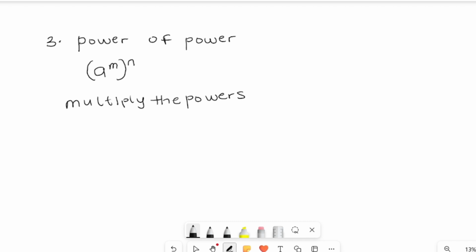So we have that base a raised to power n, or raised to index n, or raised to exponent n, times this n to now be a raised to power m times n. So we are multiplying their powers, m times n. M and n are the powers. So when we multiply, our final answer will be a raised to power m times n, which gives us mn.